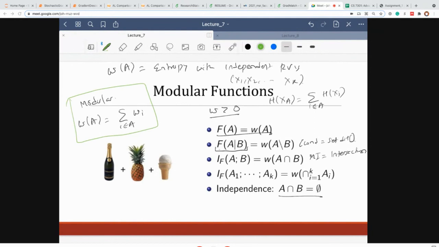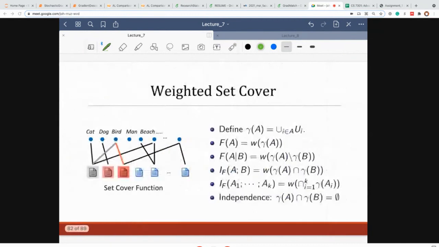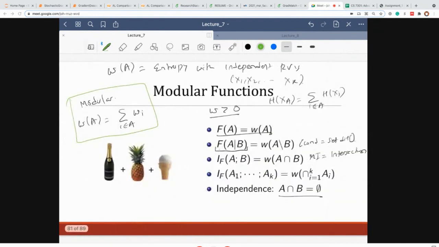Any questions? Yes, Nathan. Something that's not entirely clear to me is we saw earlier that we had a class of functions for entropy, but I thought entropy was defined a particular way.